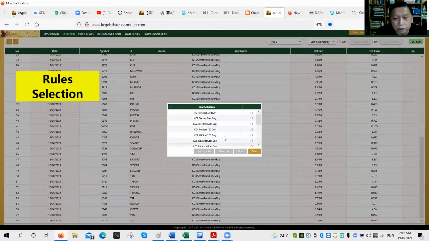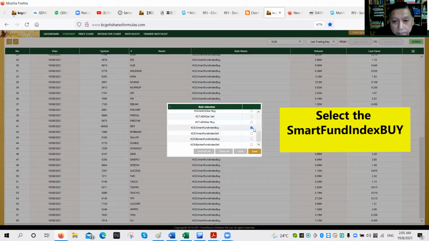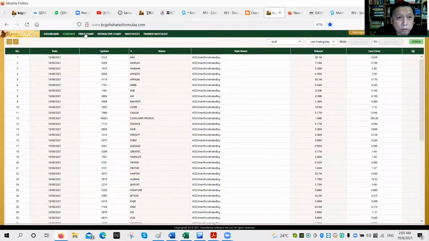The rule selections window will come out, and then you scroll down and put a tick on the Smart Fund Index buy. Of course, there is a Smart Fund Index sell, but we only use the Smart Fund Index buy. Then you save it, and click on the screener to make sure everything has been updated.